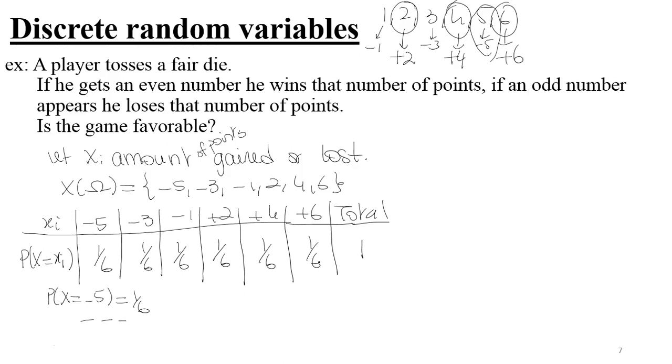So over here, in order to determine if the game is favorable, we need to actually determine the expected outcome. So we need to find the expectation of this random variable. E of x would actually be -5 out of 6 minus 3 out of 6 minus 1 out of 6 plus 2 out of 6 plus 4 out of 6 plus 6 out of 6.